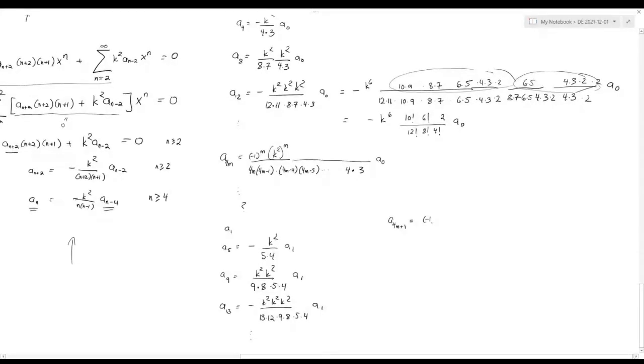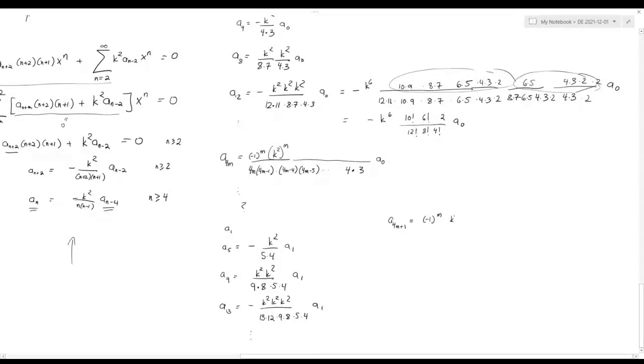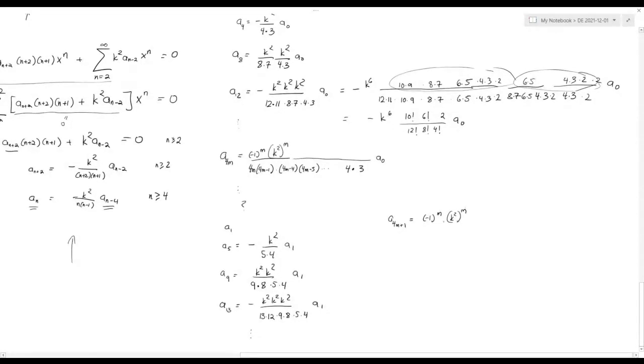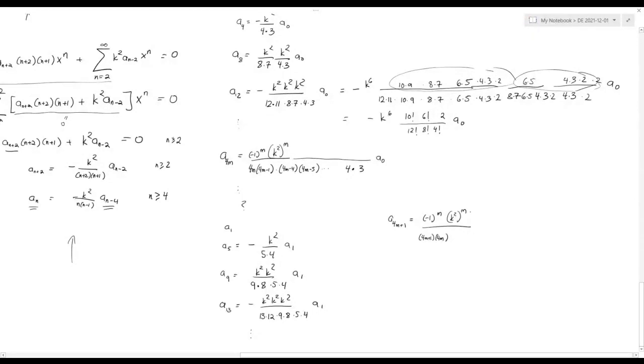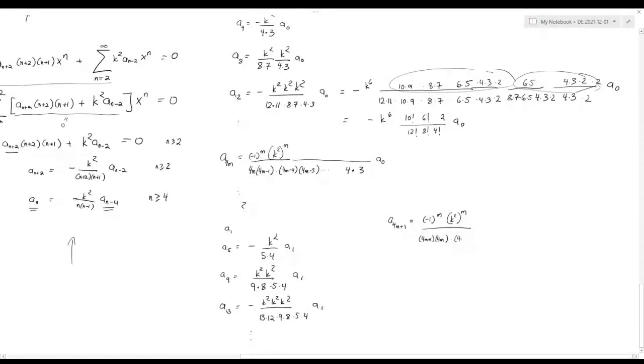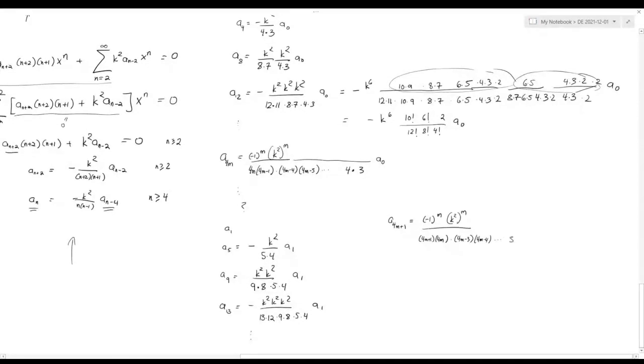So that's -1 to the n, k squared to the n. In here it's 4m plus 1 times 4m, and then 4m minus 3, 4m minus 4, dot, dot, dot, all the way through 5 times 4.